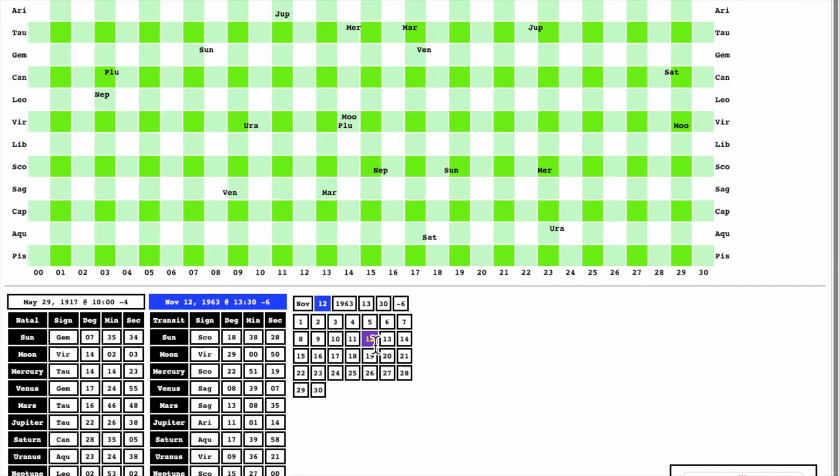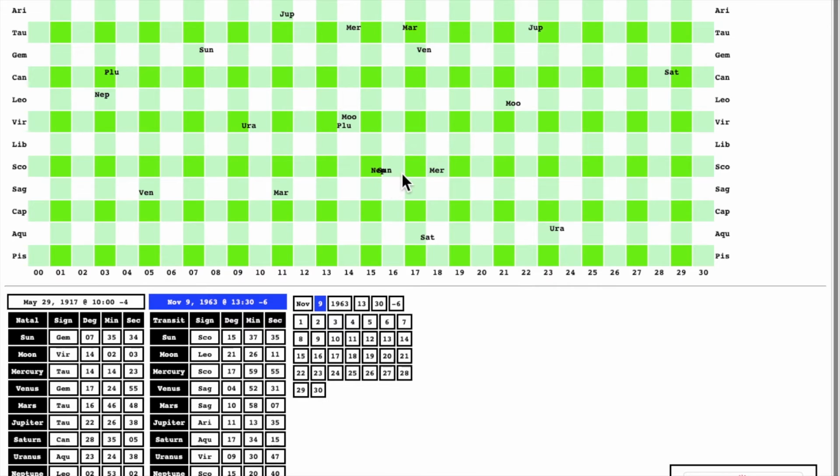So if we get to about here, we can see that Venus is coming into contact with the transiting Uranus and the natal Sun. So it's making a square there. And then if we back up a day at a time, we can see that Mars is coming into the picture in that same location. And here, look at this.